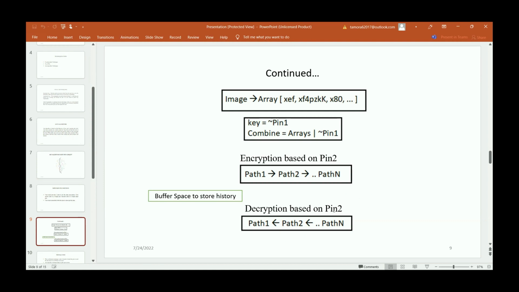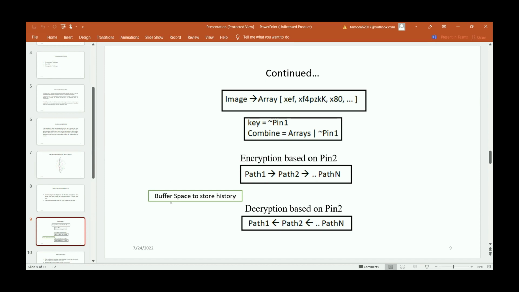Once that is done, at the decryption level, both pins have to be entered, pin 1 and pin 2. When you enter the correct pin 2, it knows, okay, these many paths that I have to travel, and it tries to match them in the buffer space that has already been stored.